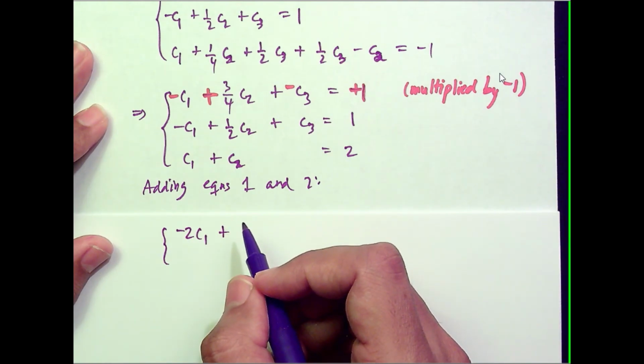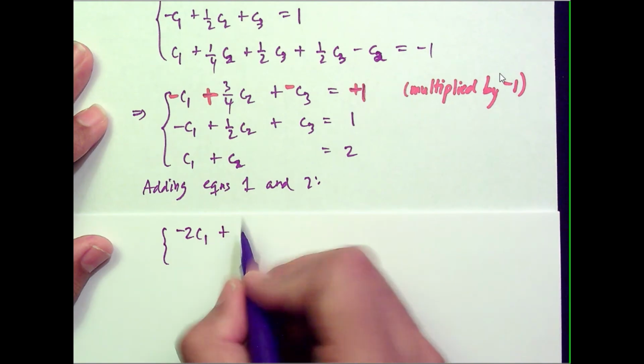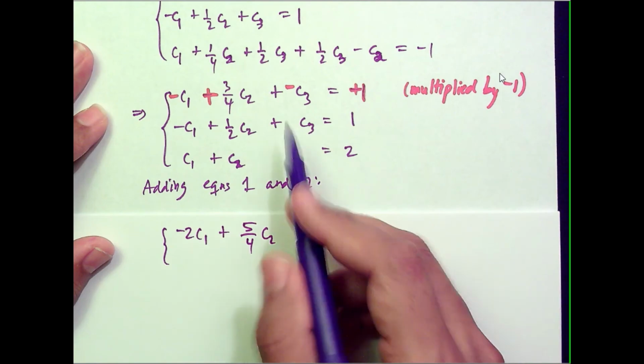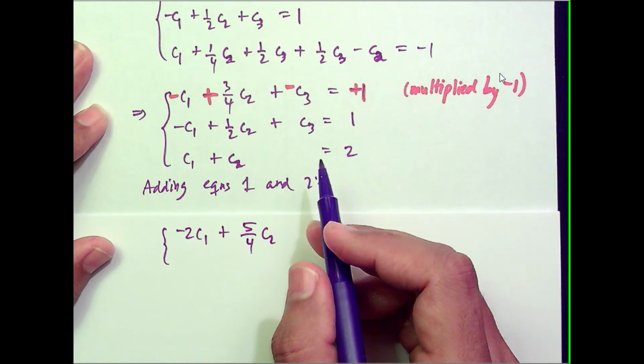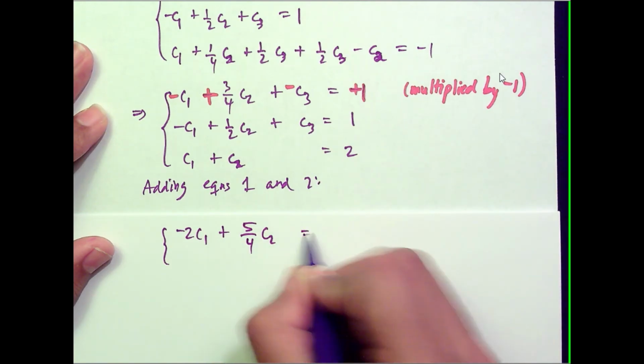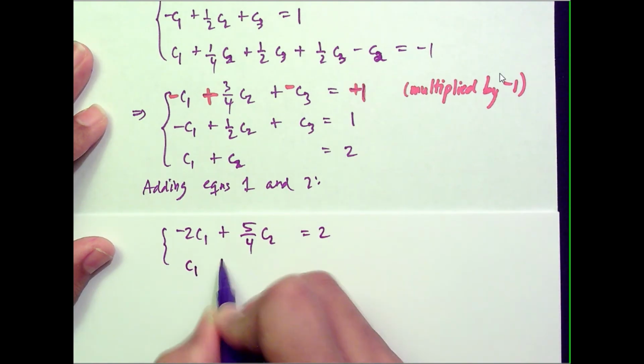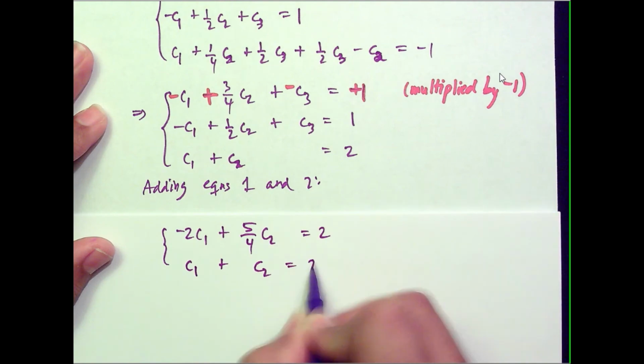Well, 1/2 is 2/4, so that's 5/4 C2. The C3's disappear, and you end up with 2. And then the third equation is C1 plus C2 equals 2.